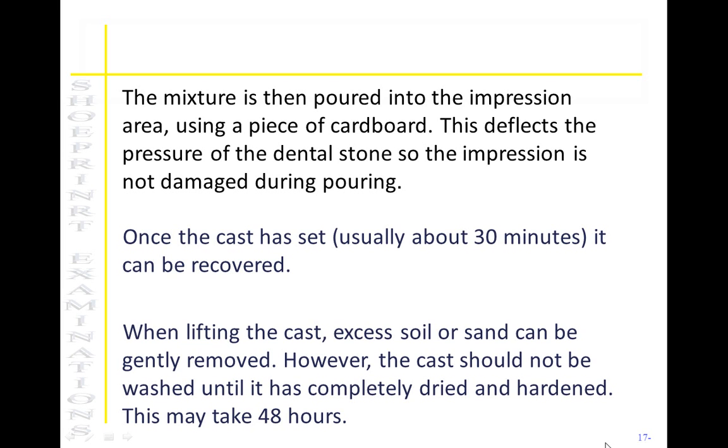This helps prevent any damage to the impression itself through that pouring process. It takes approximately 30 minutes for dental stone to actually set up and be hardened so that the cast itself can be recovered.